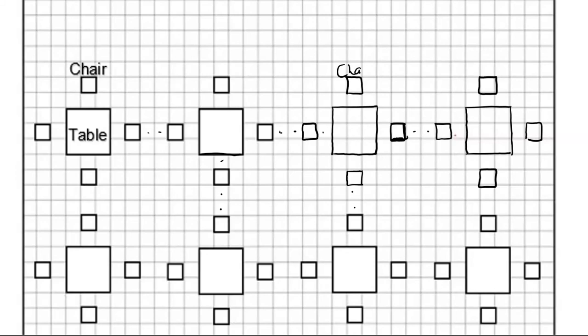So chair, table, and that should be enough.